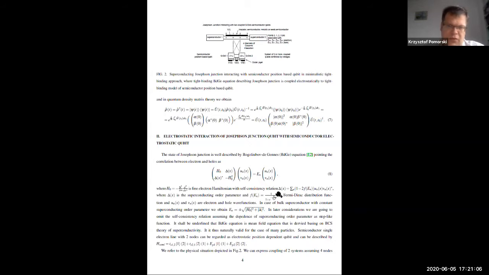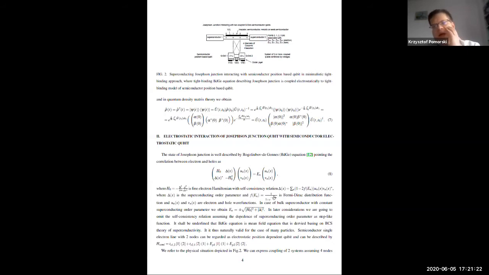Then there is 1/2 minus 2f, where f is the Fermi-Dirac distribution function, and E_n is an eigenstate.